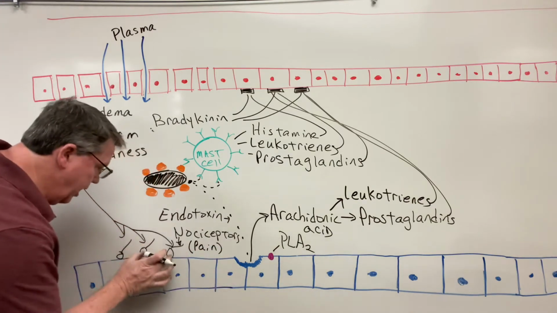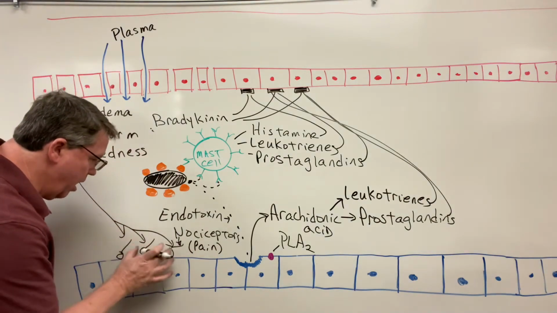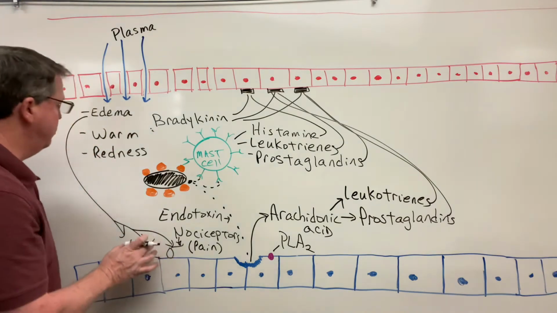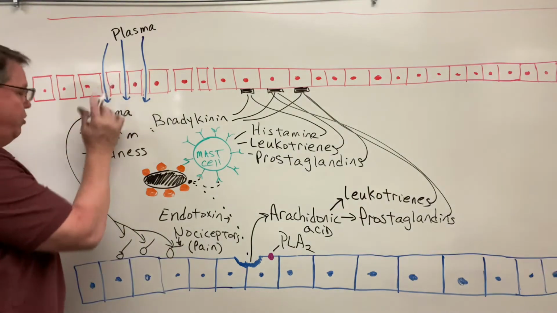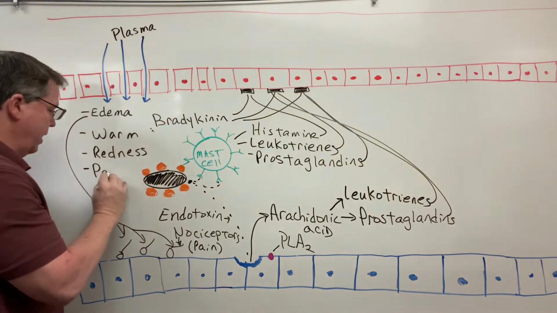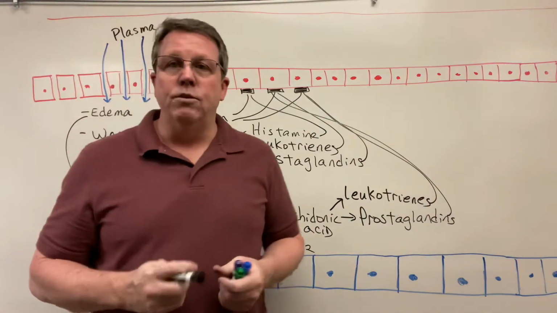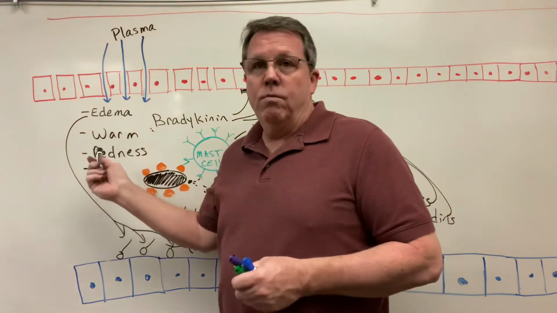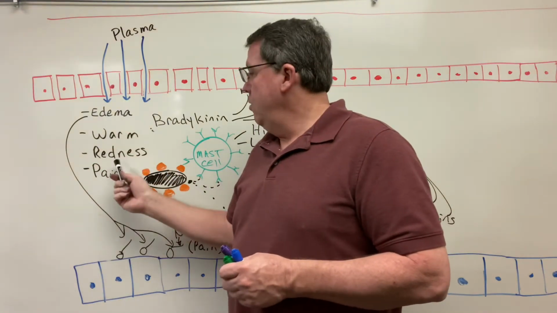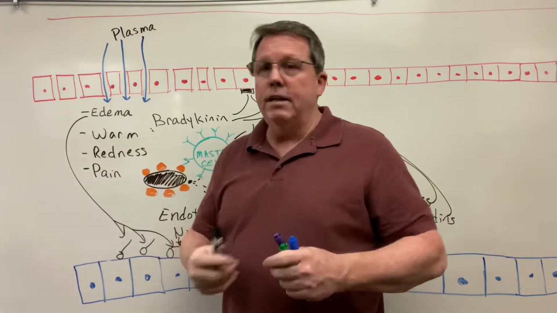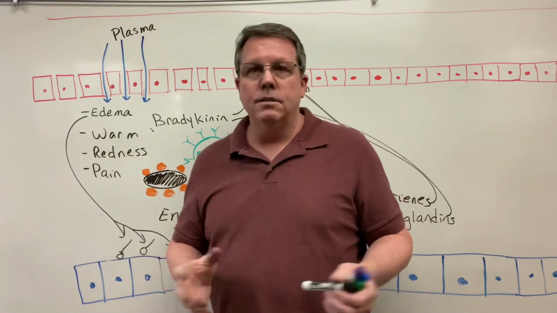So it's going to cause pain because it's putting pressure on these nociceptors. So the other thing that's going to happen from these opening up is we are going to get pain. Okay, these are the classic signs of inflammation. You get swelling, the area becomes warm, you get redness because I'm getting more fluids out into there, and you also get some pain.